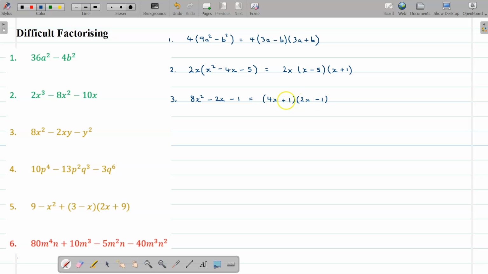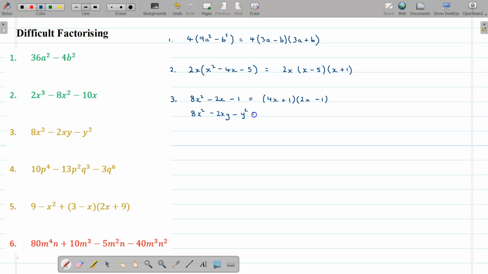So if you multiplied that pair of brackets out, you would go back to this expression here. But we don't have the 1, we have this y instead, and y squared. So we just need to make an adjustment, and in this case it's quite simple. So our actual expression was this, 2xy and minus y squared.